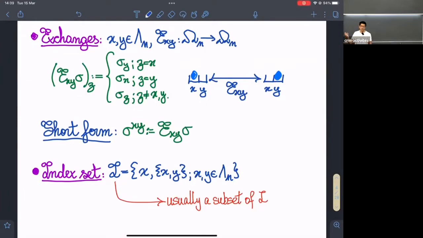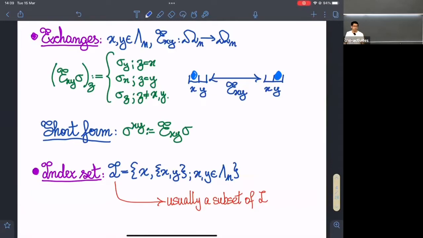But even in the global sense, when x and y are far away, you still can think this is just a local transformation because it changes something around only two neighborhoods of your system. So there are two distant places, but the changes in those two distant places are local. So I'm just giving a name, E_{x,y} of sigma.